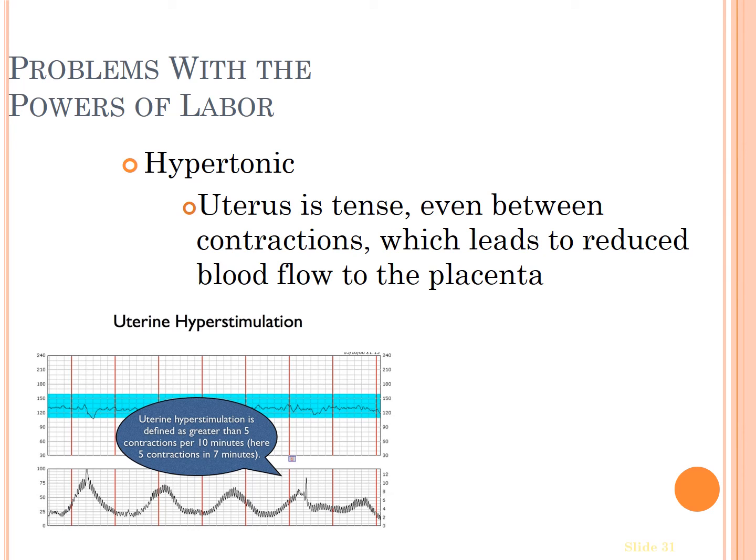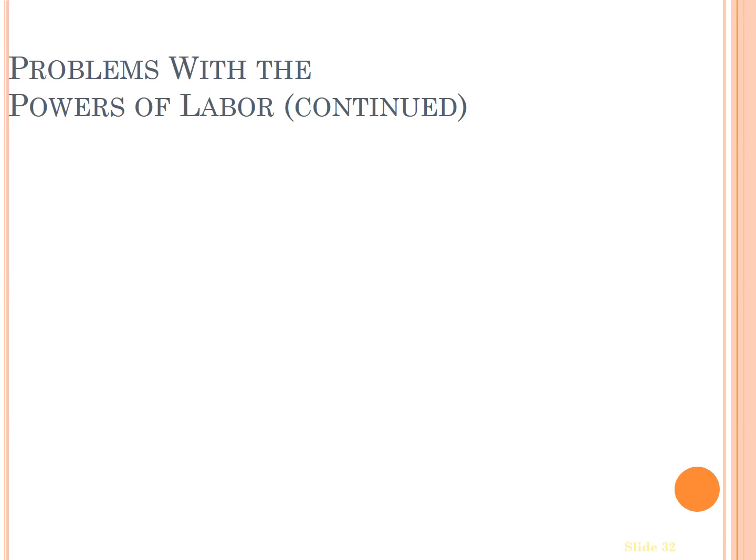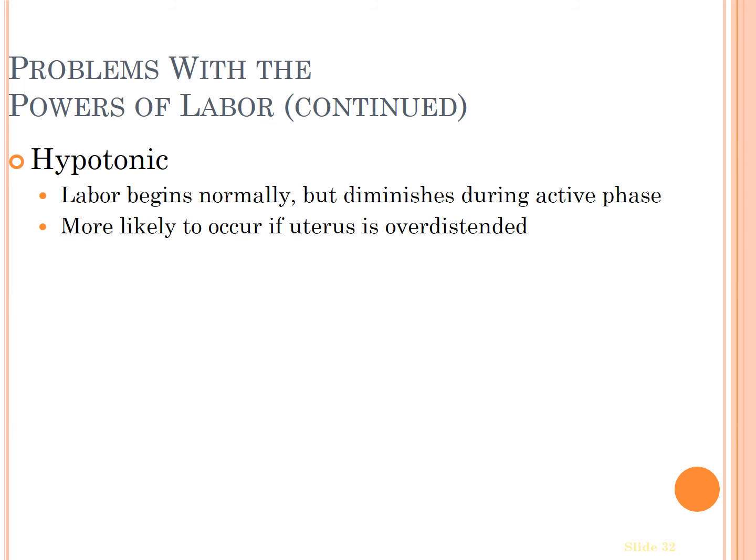It does not mean that they're not painful contractions, but these are not going to be productive, and they're not helping mom to dilate or efface, and the hypertonic ones are not either.